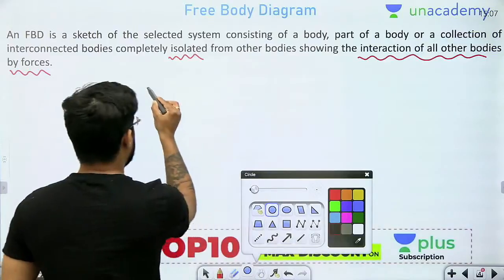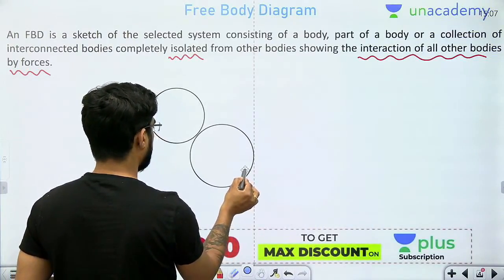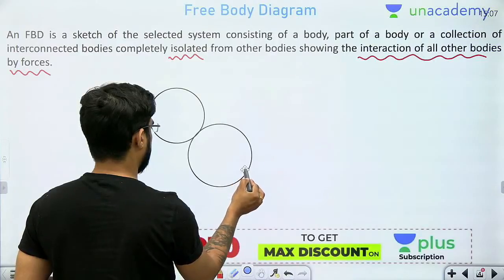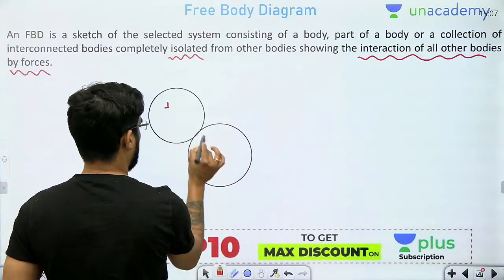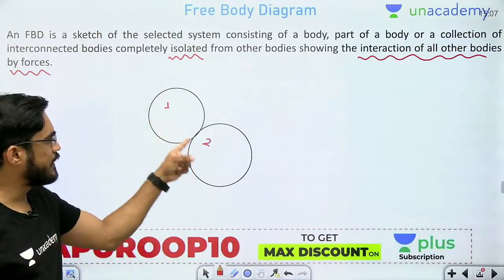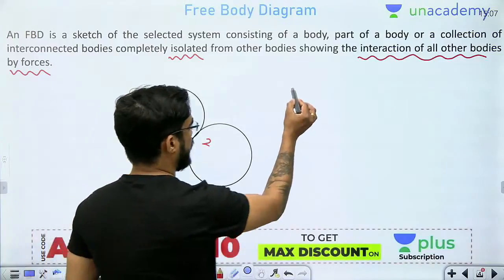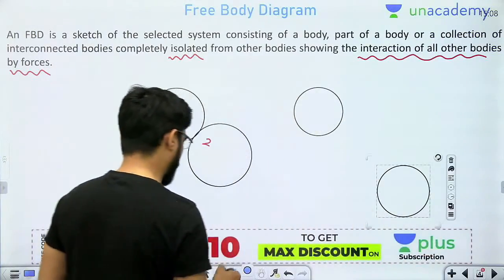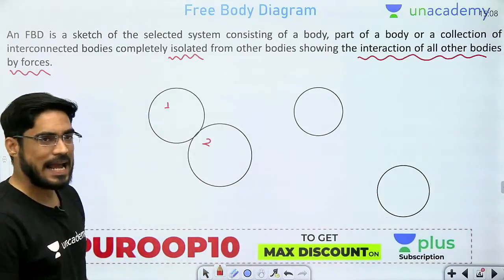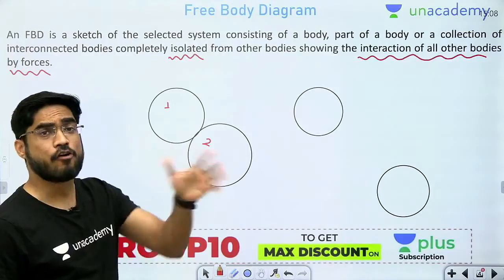Okay. So beta, let's say these are the two bodies. This is body number 1 and this is body number 2. Okay. Right now these bodies are connected together. Okay. Now if I isolate these bodies from each other, अगर मैं इन दोनों bodies को एक दूसरे से isolate करूं, then बेटा I have to show the interaction between them by means of force.